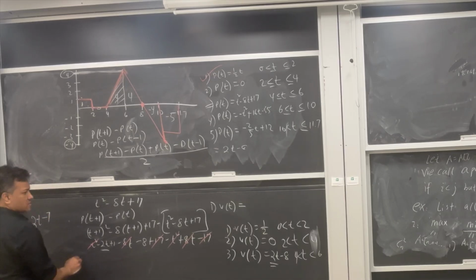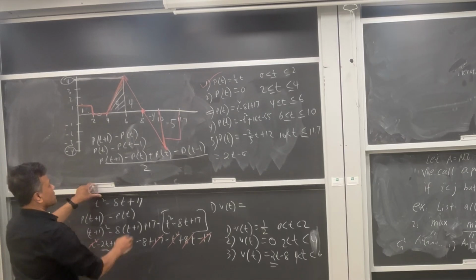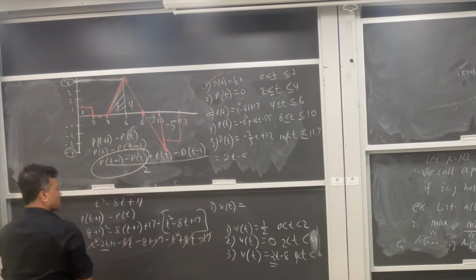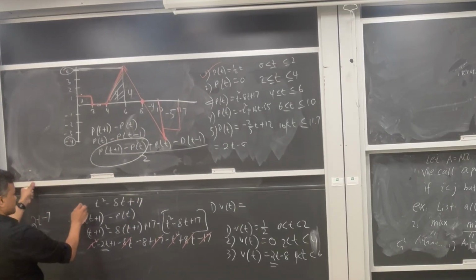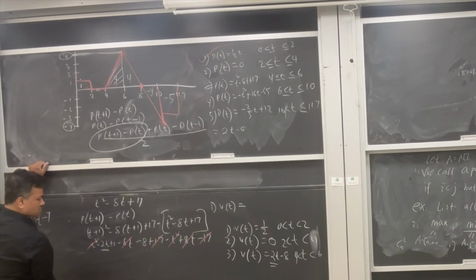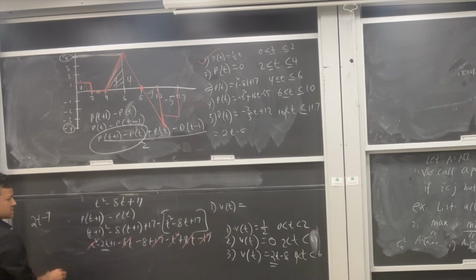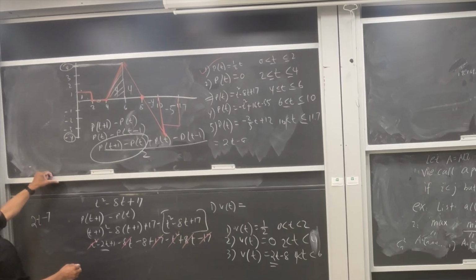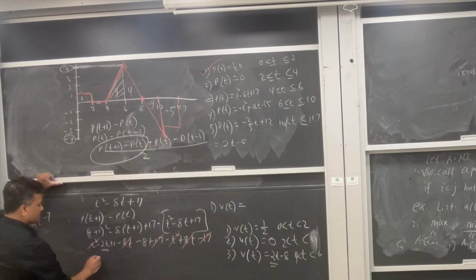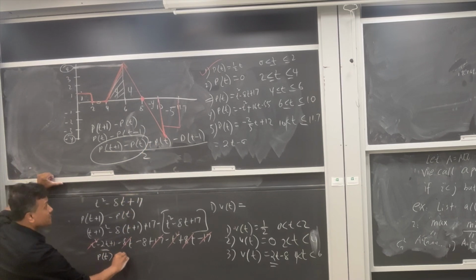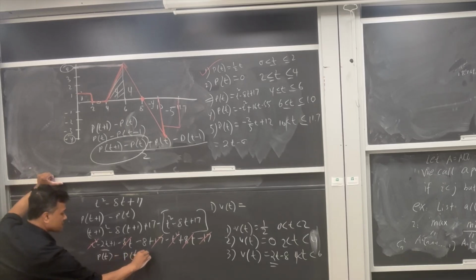Okay, this part is done. Now the second part, p of t minus p of t minus 1.